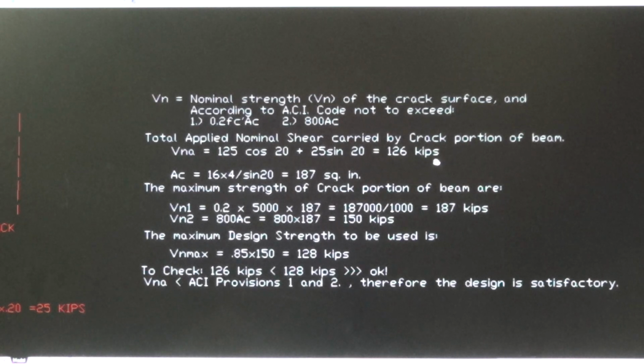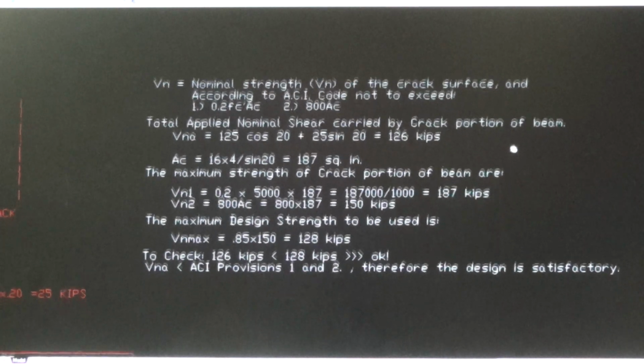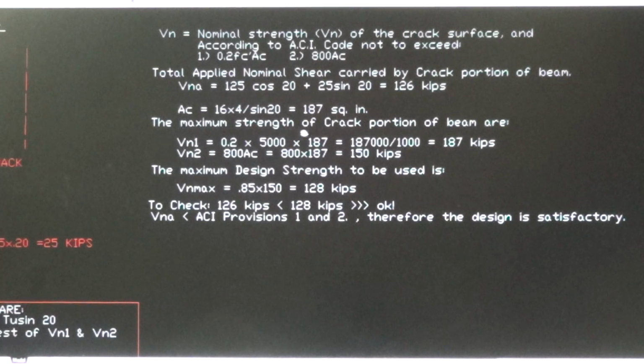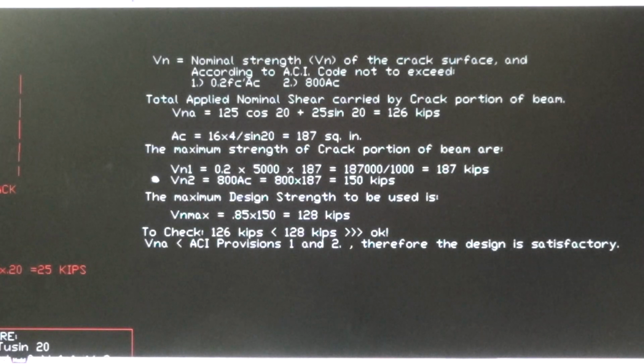Okay, now the ACI code has limitations for that: the maximum strength of the crack portion of the beam is as follows. The VN1 here is criteria number 1.